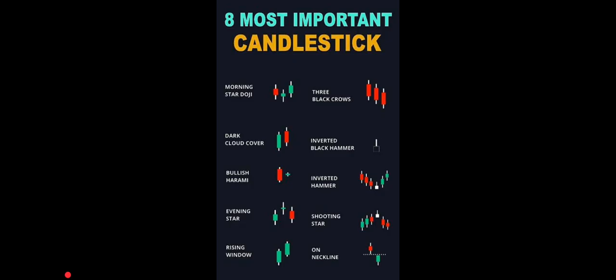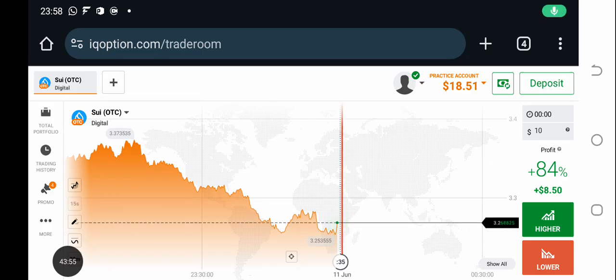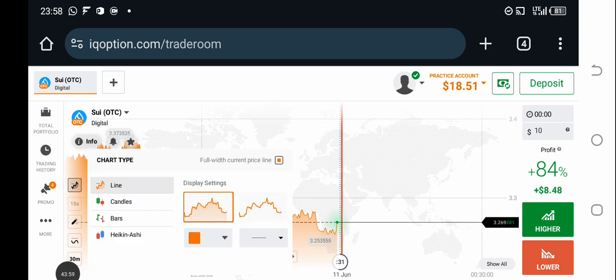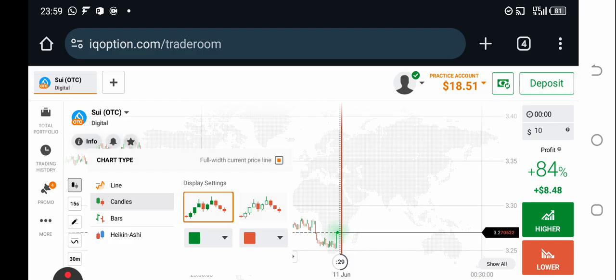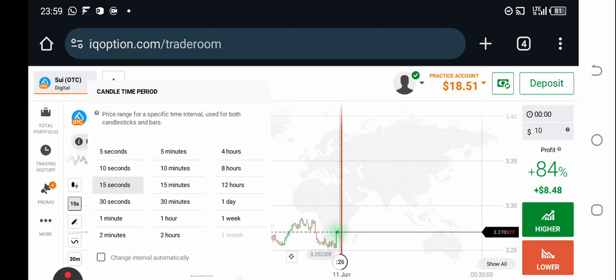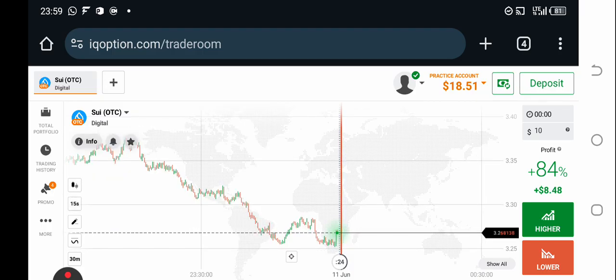Alright, so now let's open a real chart and see how we can figure out some of these candlesticks. This is a line chart. You can switch it to the candles. Let me change it to 1 minute candlestick.